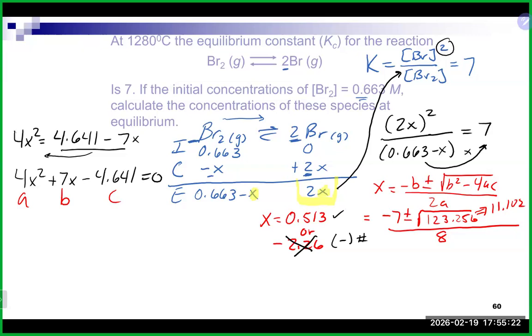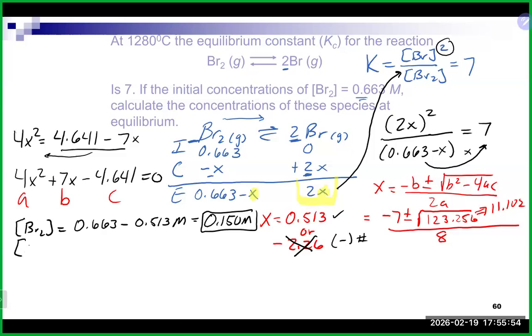And now that we have the correct x value here, we can put it in for each of those equilibrium lines. So the concentration of Br2 at equilibrium is 0.663 minus x, which is 0.513. This is again molarity, so don't forget to bring the units back here. That's going to get us about 0.15 molar.